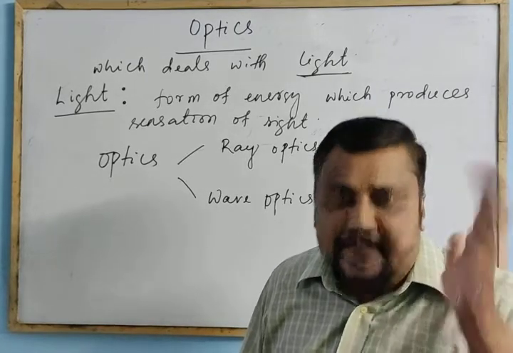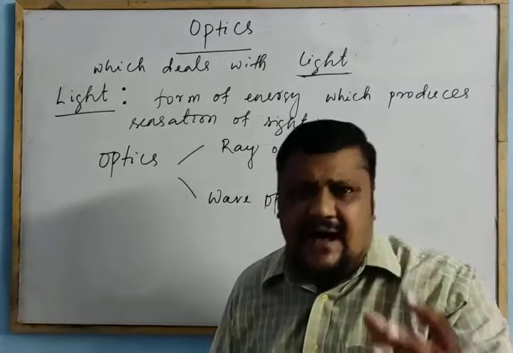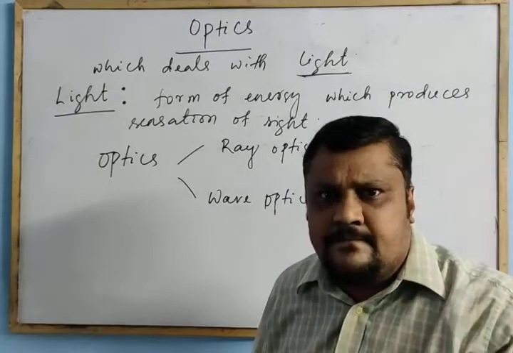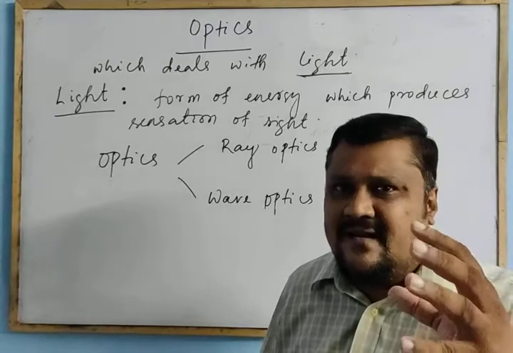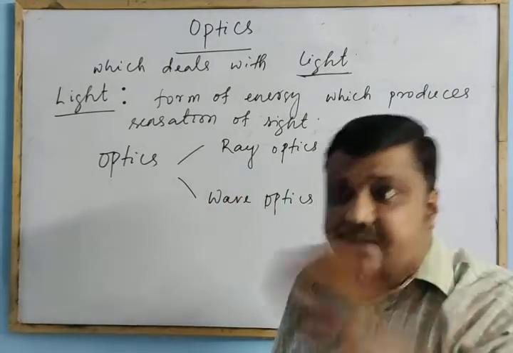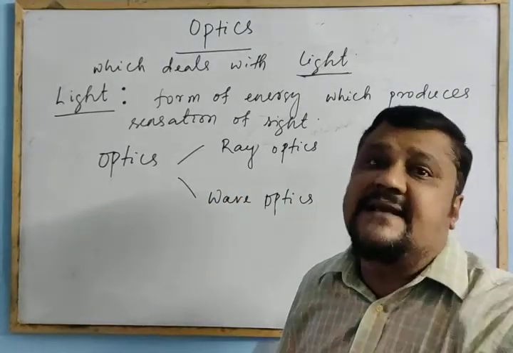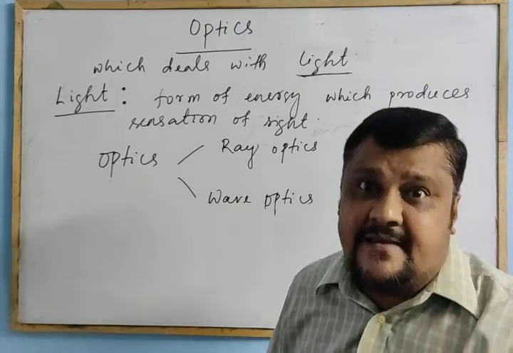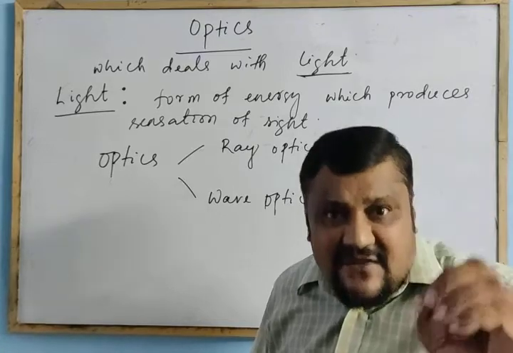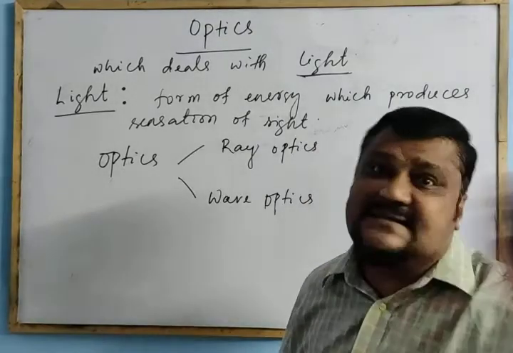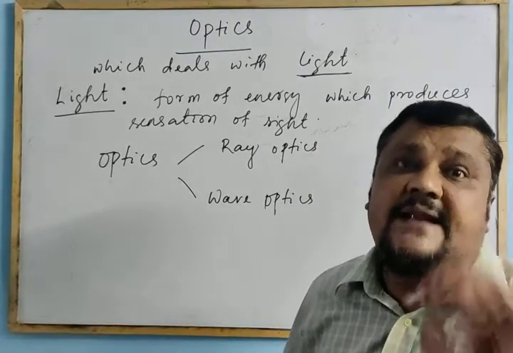Clear? Phenomena like reflection of light and refraction of light can be explained by considering light as a ray. But phenomena like interference and diffraction we cannot explain by saying light is a ray; we have to say that light is a wave.